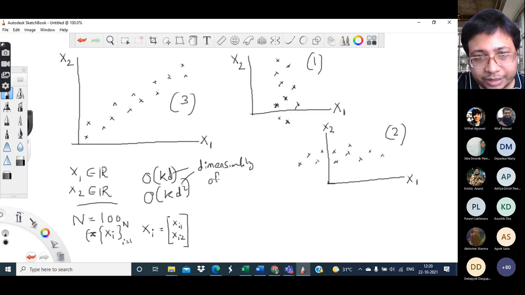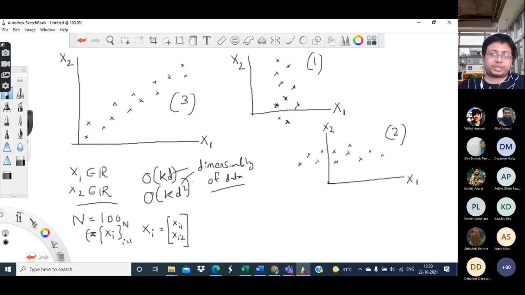What does that mean? That means the higher the number of dimensions, the more complex my computations are going to be.